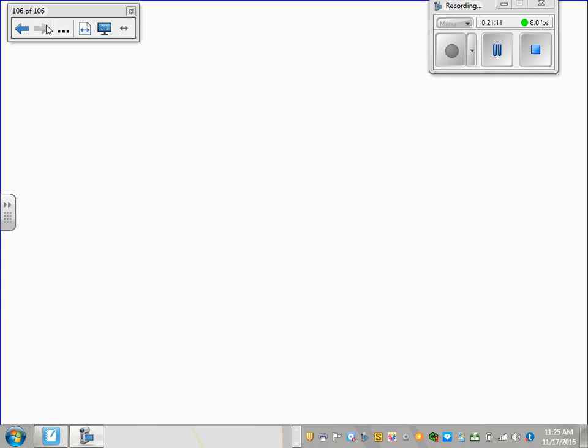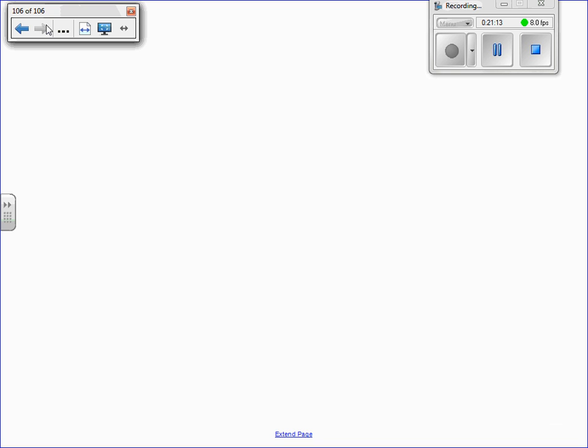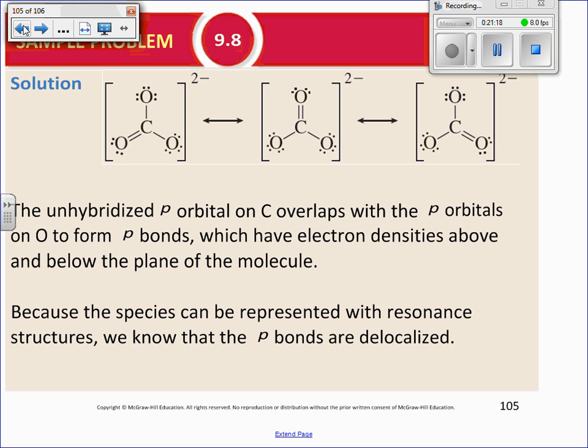So we can draw, well, they don't draw it that way. So even though it looks like that, the double bond is actually not on any specific oxygen atom, it goes back and forth. Since this oxygen has a p, this oxygen atom has a p, and this oxygen atom has a p.